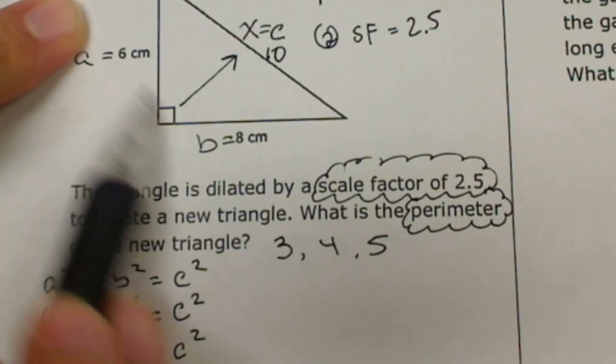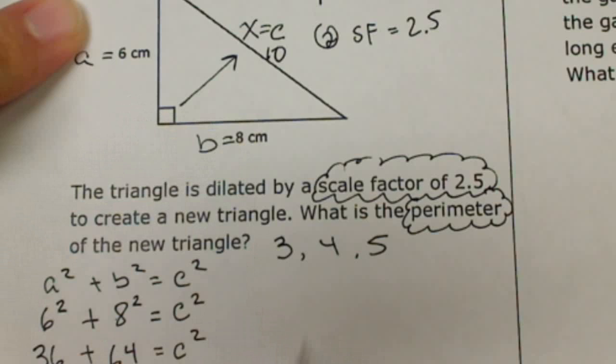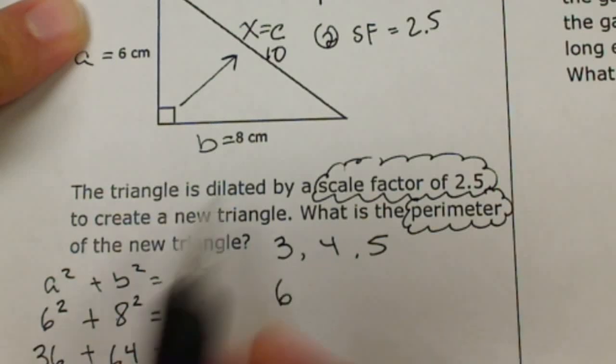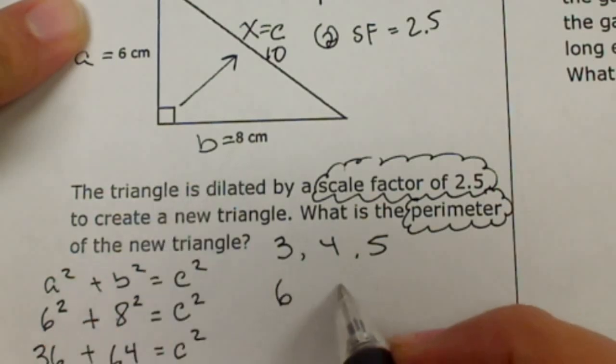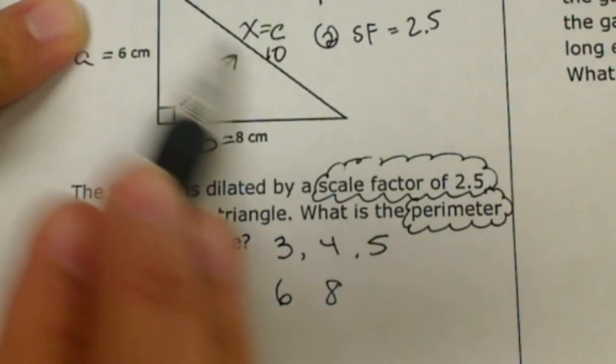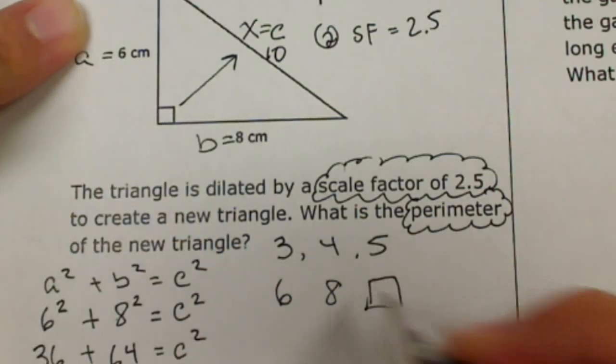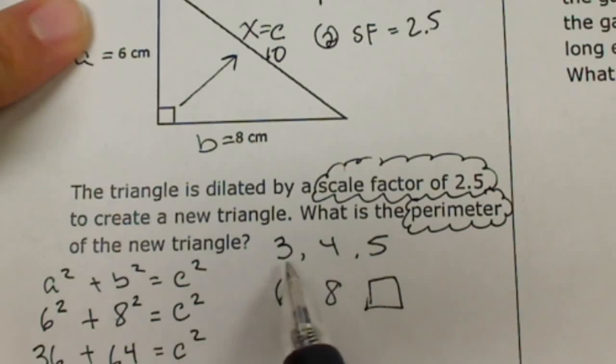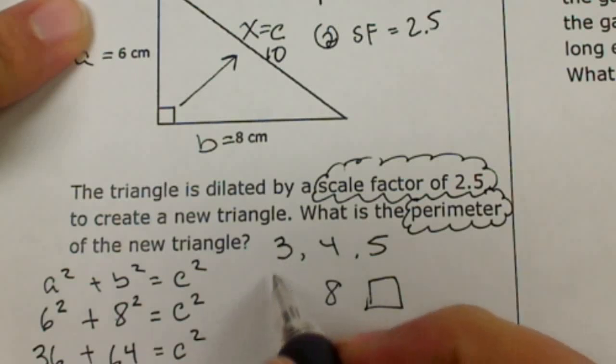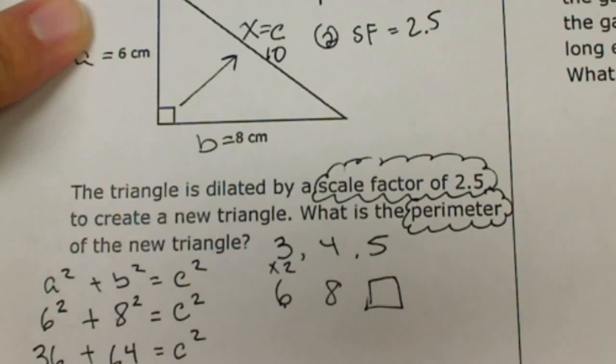So if I know that 6 is the smallest of the two sides, I'm going to put that under 3. And 8 is the next largest number, so I'm going to put that under 4. And I know I'm missing the hypotenuse, which is the longest side, so I don't know this number here. Well, is there a number, and this is only by multiplying, you cannot add or subtract, you have to multiply. Is there a number I can multiply to 3 to get 6? Well, I can multiply by 2.